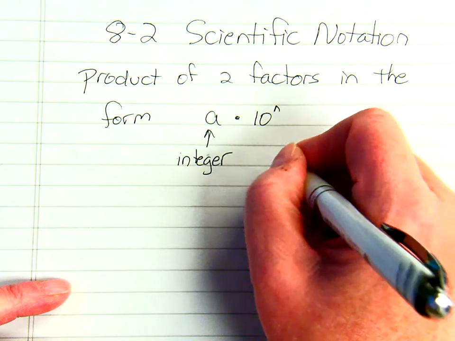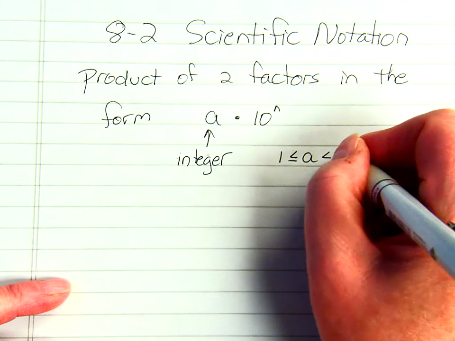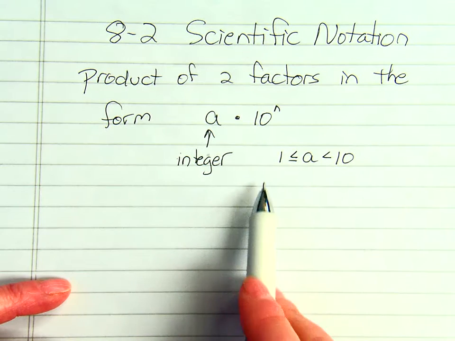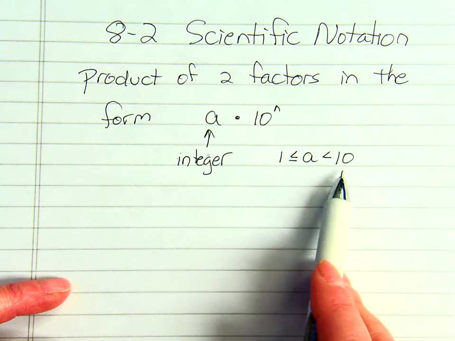So we'll write it 1 is less than or equal to A, which is less than 10. So the integer has to be greater than or equal to 1 but less than 10.